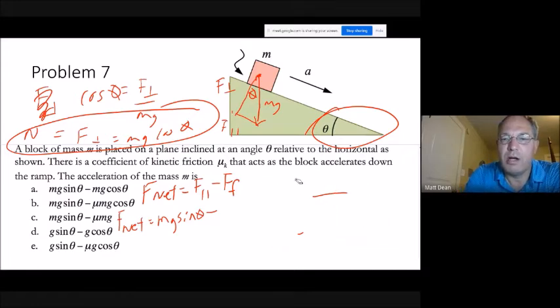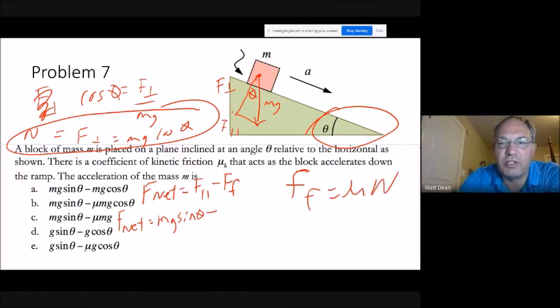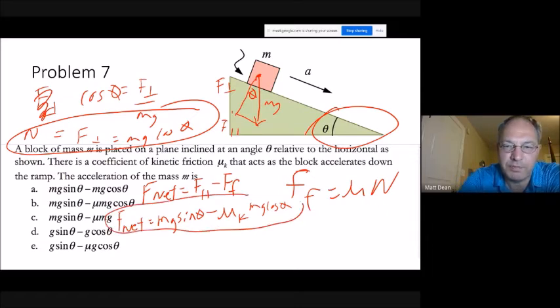Let's think back to our friction equation. That's our equation for the force of friction. So in this case, that's going to be mu sub k times N, and we established that N is mg cosine theta. So this is our net force.